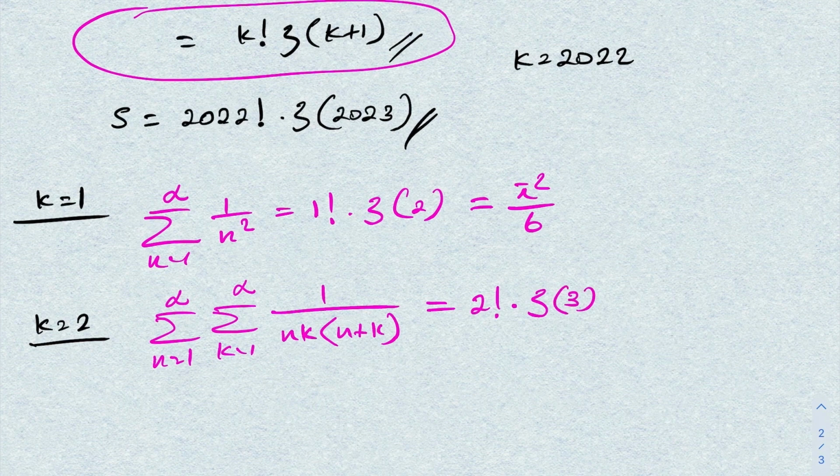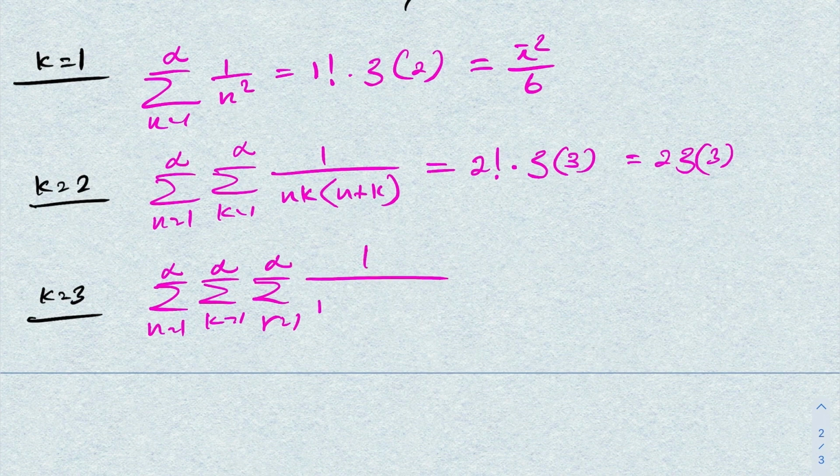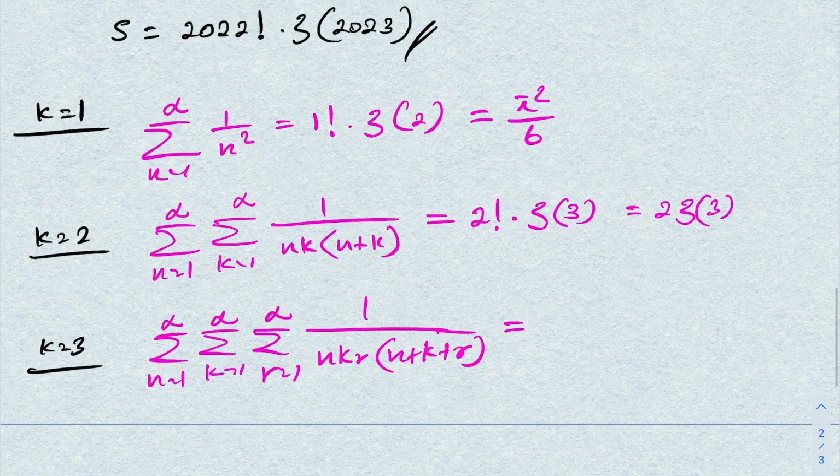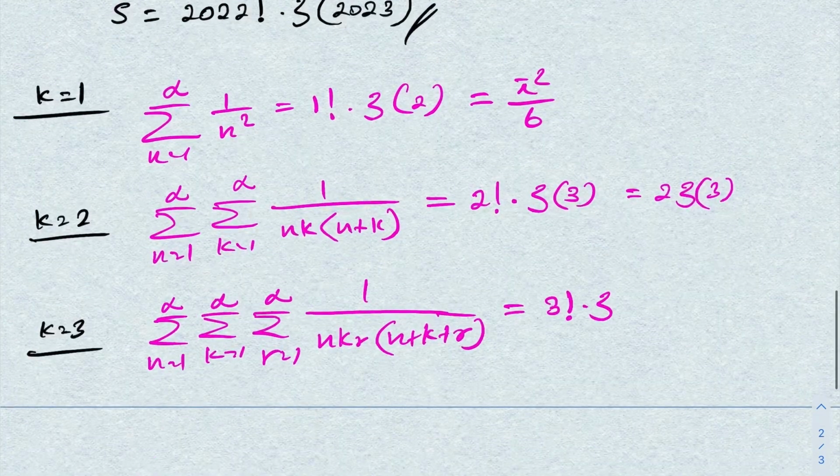So we have 2 times zeta of 3. When k is equal to 3, we have the sum n is equal 1 to infinity, k is equal 1 to infinity, r is equal 1 to infinity of 1 over n times k times r times n plus k plus r, which is equal to 3 factorial times zeta of 3 plus 1, so zeta of 4. 3 factorial we know is 6, so 6 times zeta of 4.